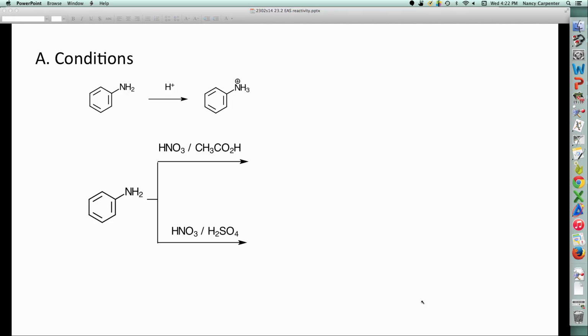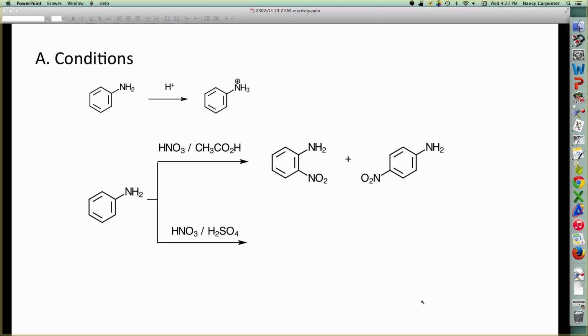If I try to nitrate aniline under mildly acidic conditions, then I don't have a huge equilibrium amount of the protonated aniline, and I can get my expected ortho-para products. On the other hand, if I use fuming nitric acid, which is what we talked about as our typical conditions for nitration, then we end up with, of all things, the meta-substituted aniline.